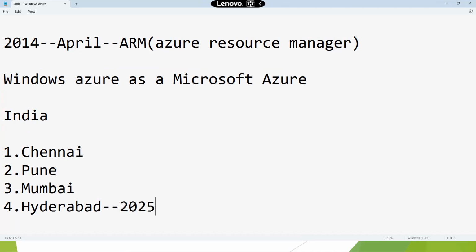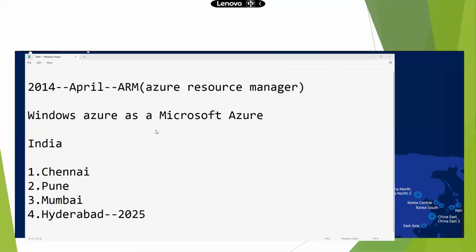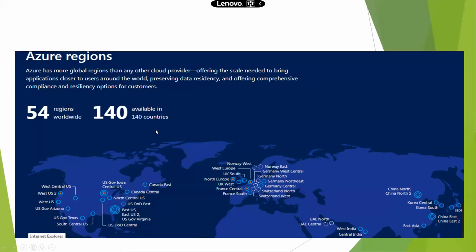This is one of the biggest data centers in Asian countries. They are putting it near Shadnagar, or Shamshabad, not sure. So these many data centers are there in India.